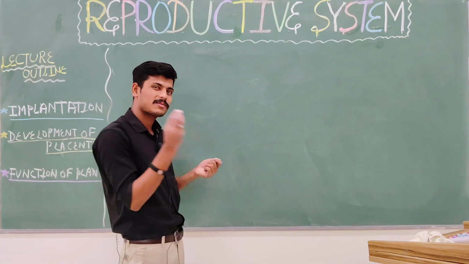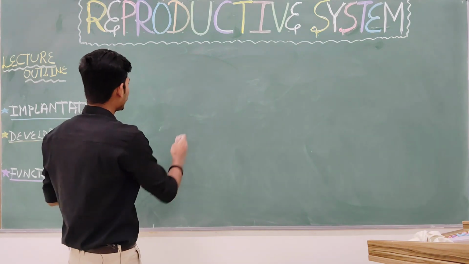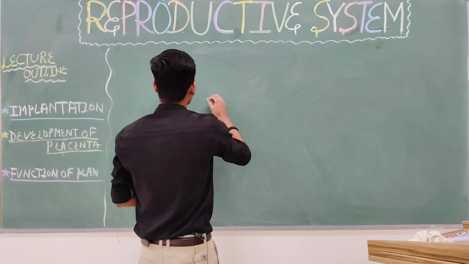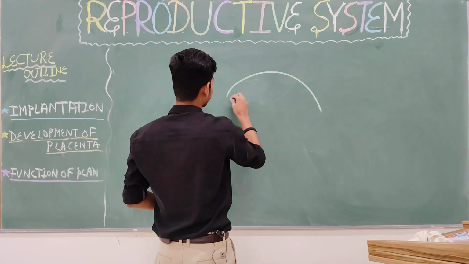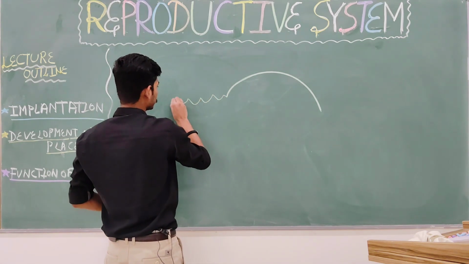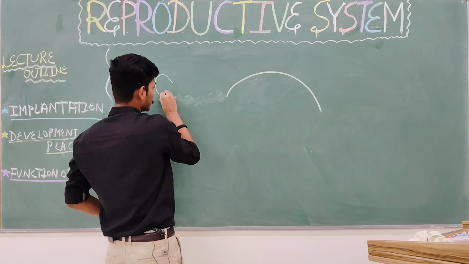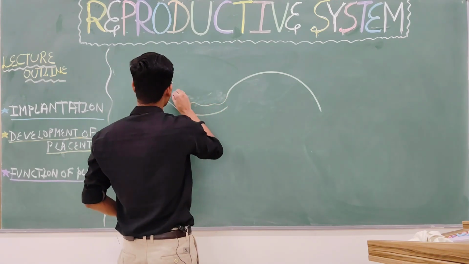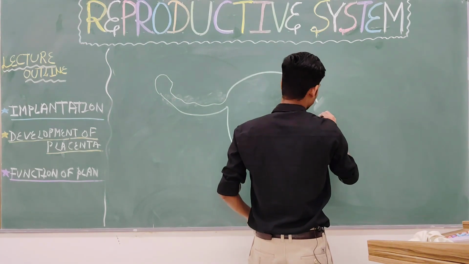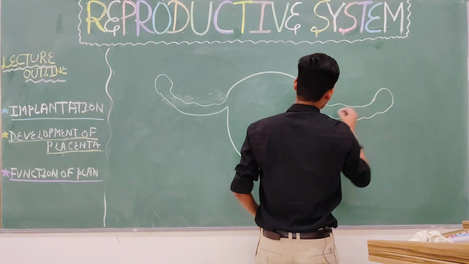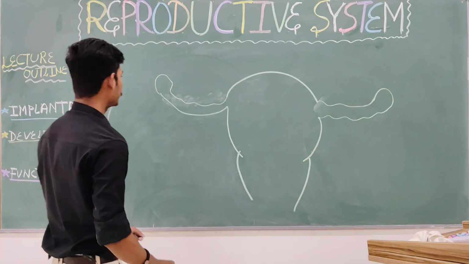The small zygote becomes the fetus, which has a large shape, so the uterus has to be enlarged. So this is your larger uterus, fine.